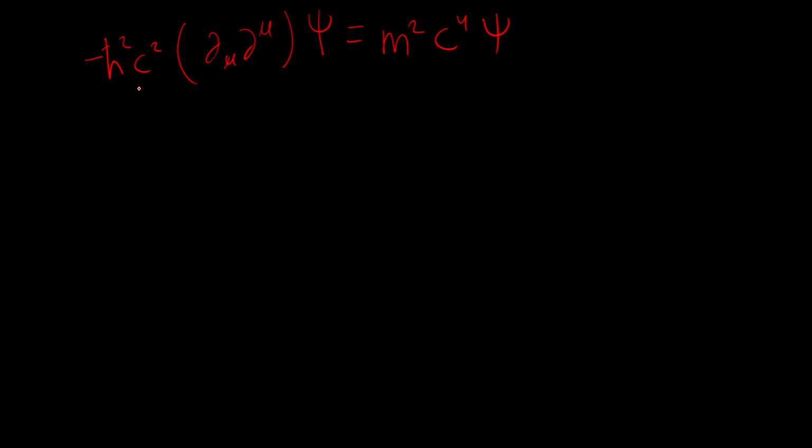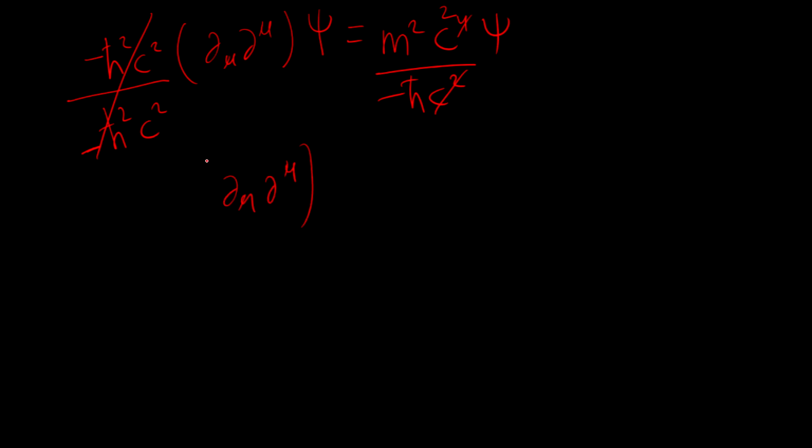Now dividing the whole equation by minus h cross square psi c square, we get del nu del upper mu acting on psi is minus m square c square over h cross square acting on psi.